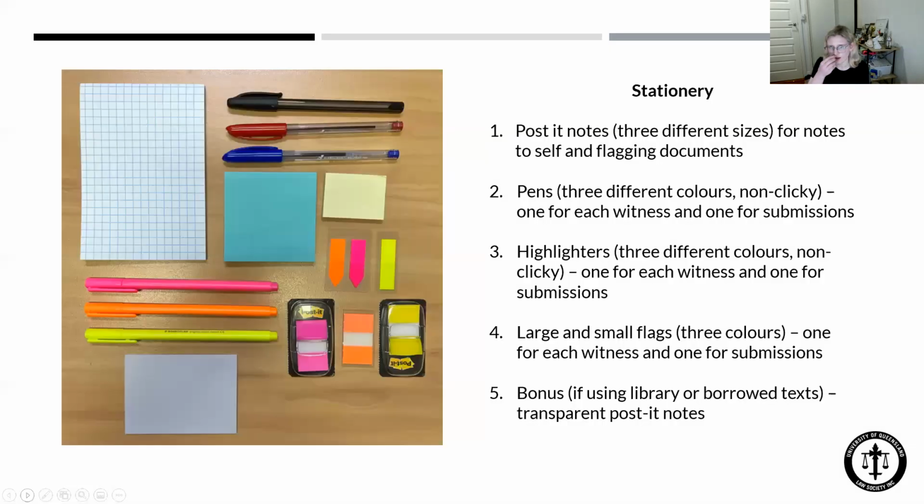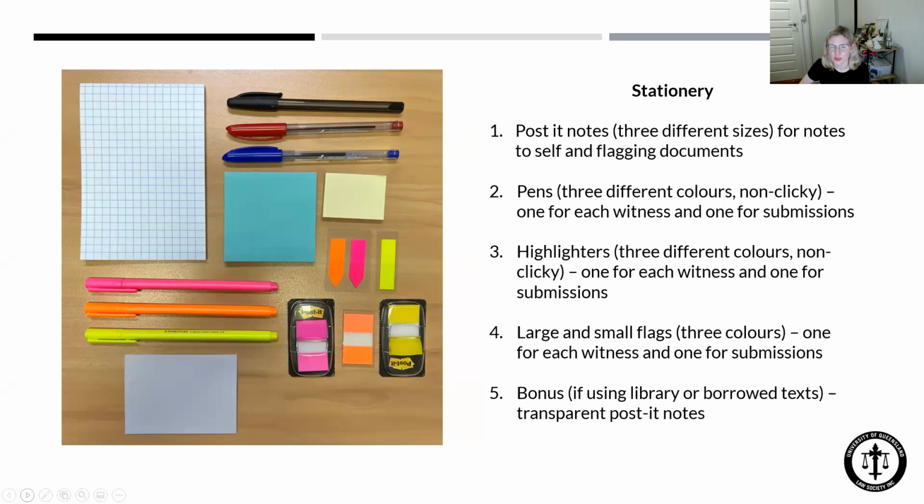Further to me describing how much of an annoyance I am, I'm a bit pedantic about what I use and how I use it. This is some stuff that I have removed from the Ziploc bag of trial gear that I take to everything. I usually take 3 different sizes of Post-it notes.